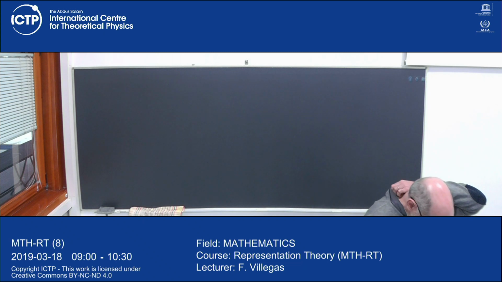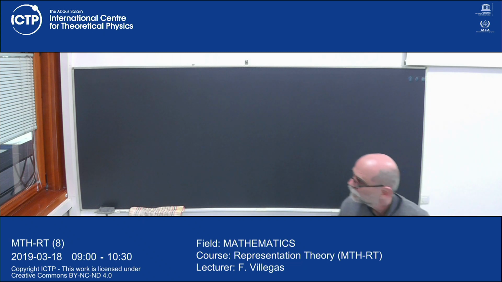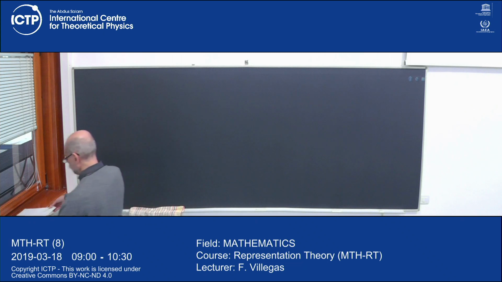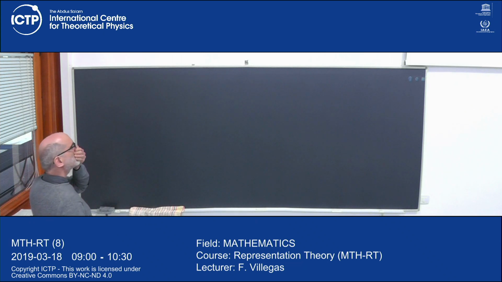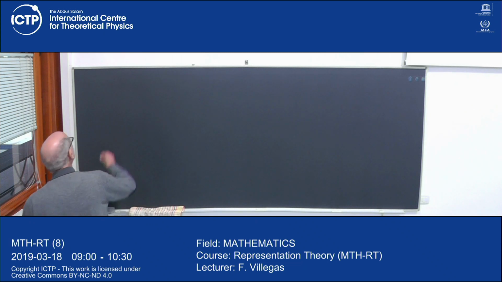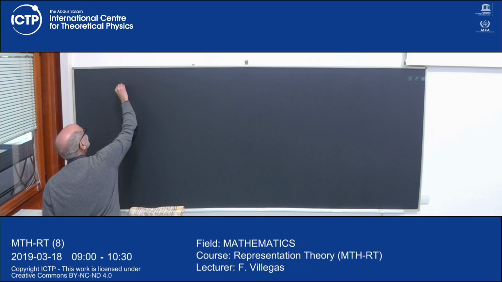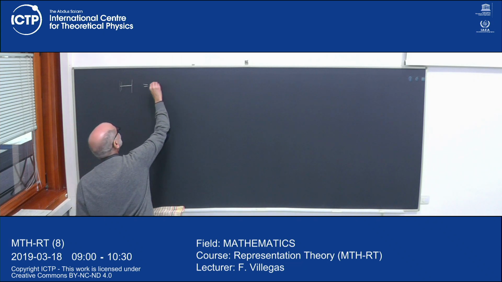So, let me recall where we were on this, representations of R. We have defined the Hamilton quaternions.